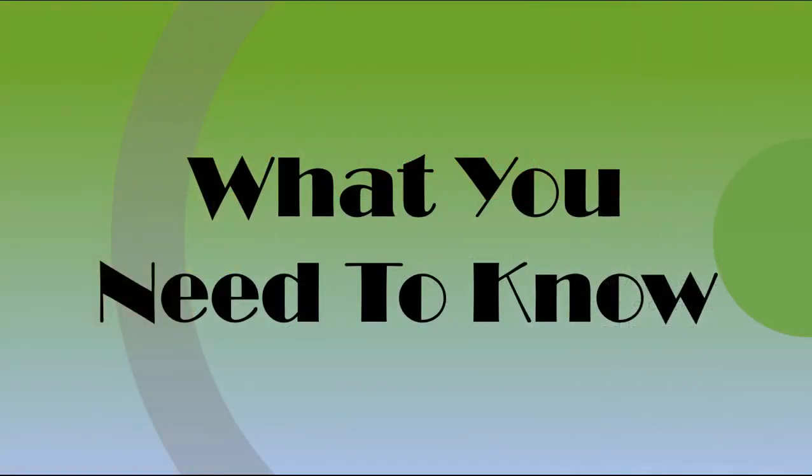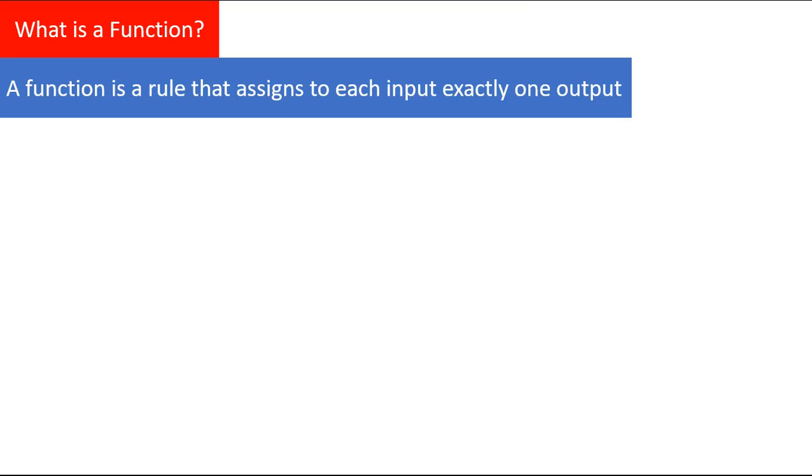Hello and welcome. Here is what you need to know before we get to the examples. What is a function? A function is a rule that assigns to each input exactly one output. So the key words here: to each input, exactly one output.